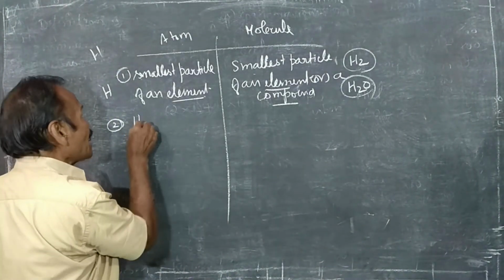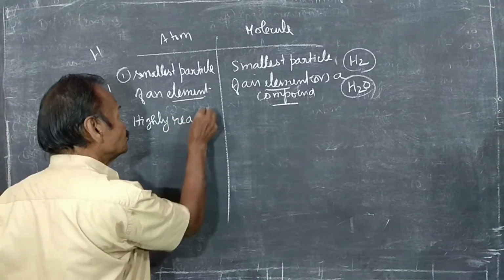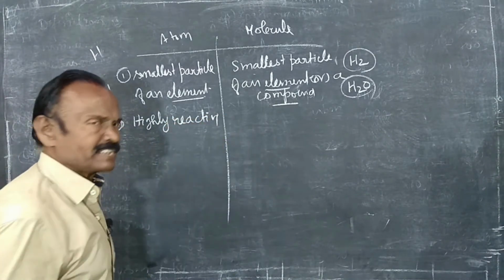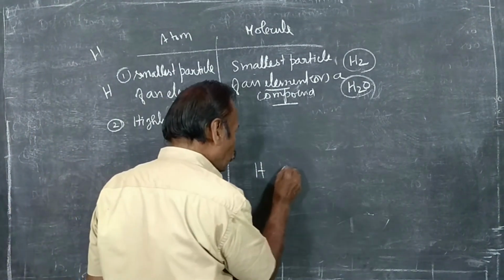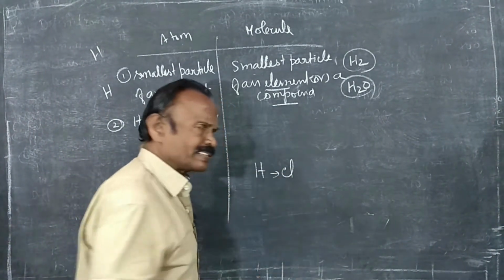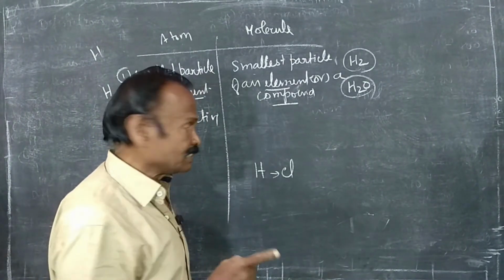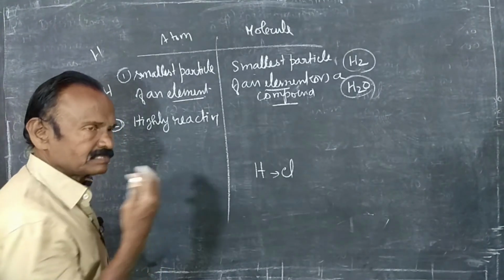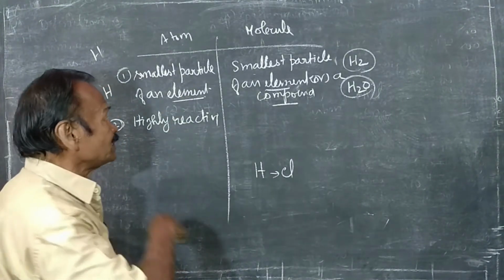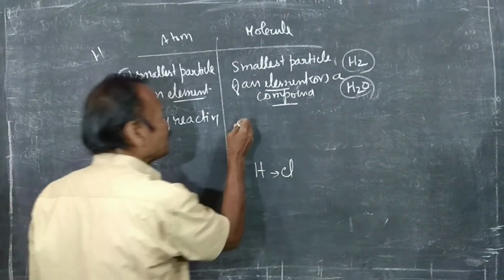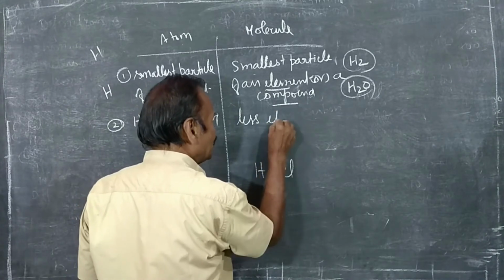So an atom is highly reactive. When one hydrogen and one chlorine combine together, it happens very quickly. So the reactive efficiency of an atom is high, but the reactive efficiency of a molecule is less.